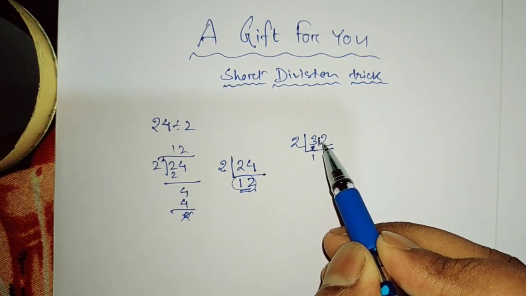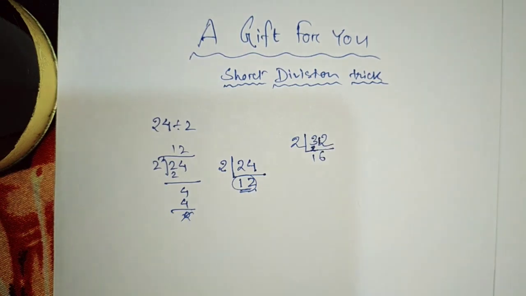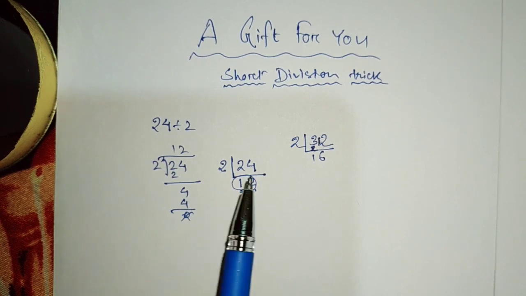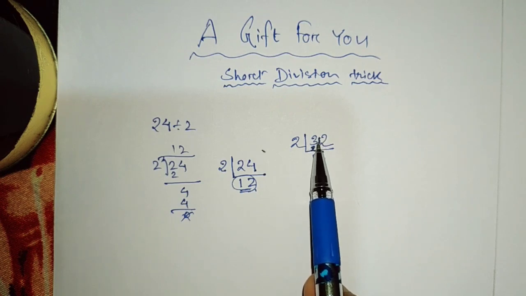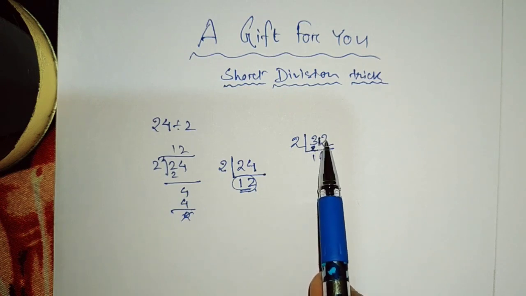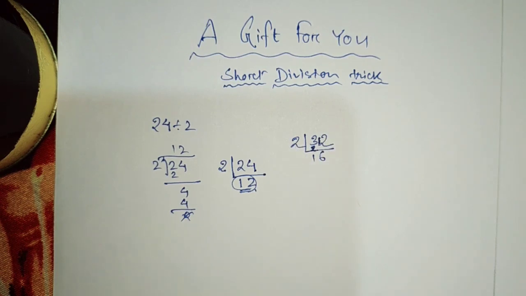It becomes 12. So 2 sixes are 12. Have you got my point? 2 ones are 2, so 3 minus 2 will be 1, that 1 you imagine here. So it becomes 12. So 2 sixes are 12. In this way you do.